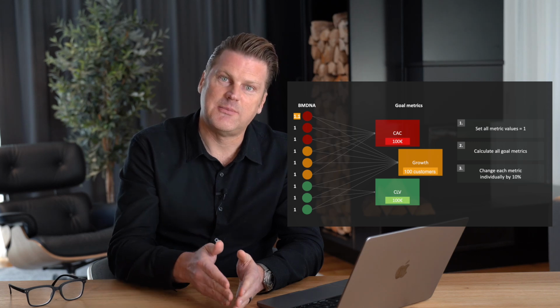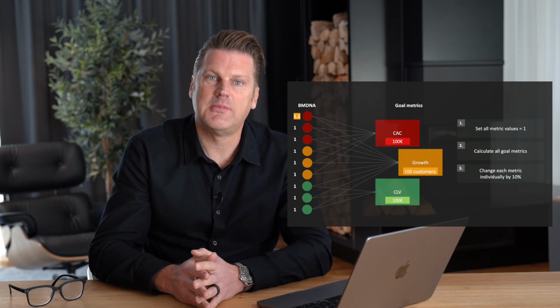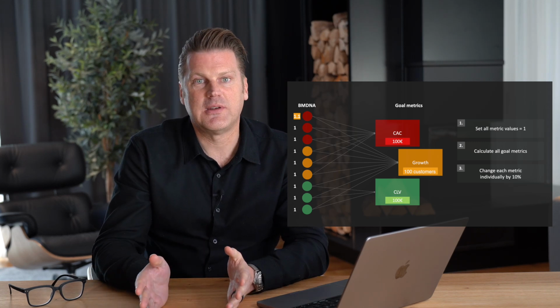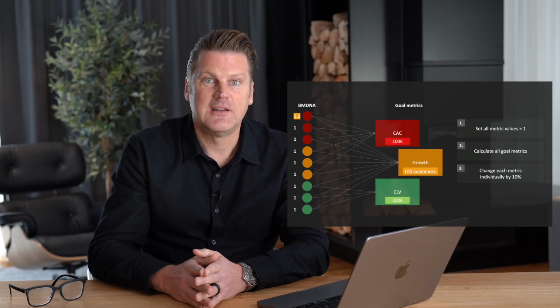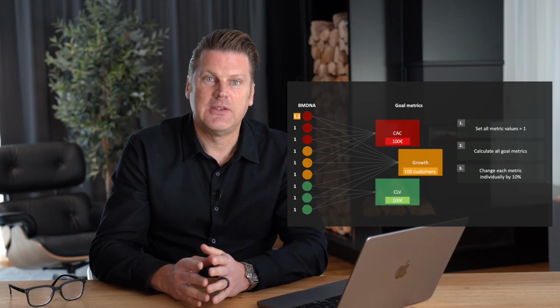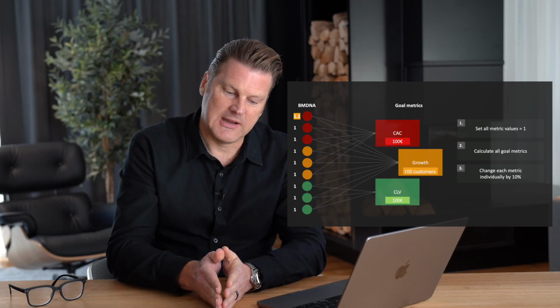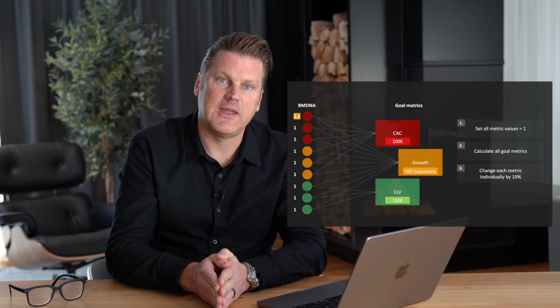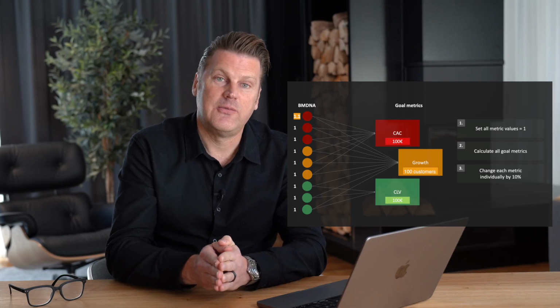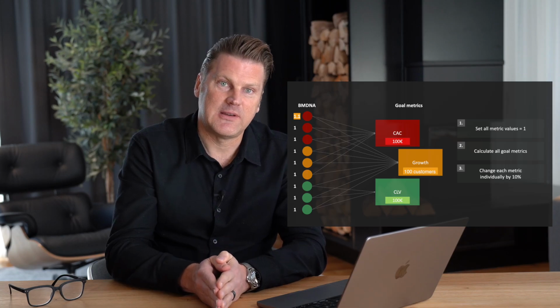The idea is that the metrics which are changing the goal metrics the most are the most important ones. The ones which have no impact obviously have no impact. So obviously you are not looking at correlations within the metrics, but it's a very simple and fast way to figure out, at least roughly, and this is good enough, what your key metrics are.